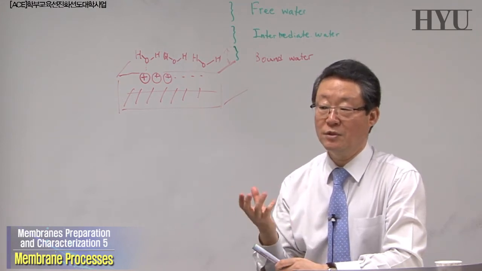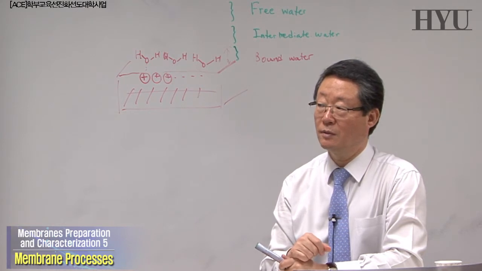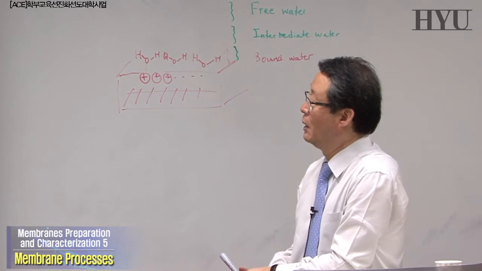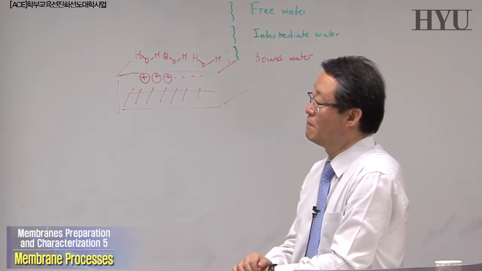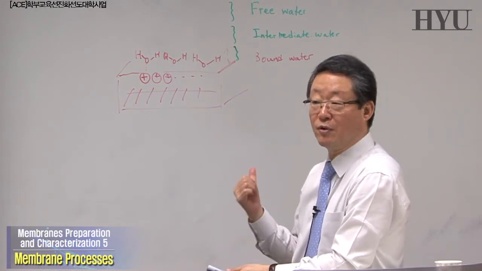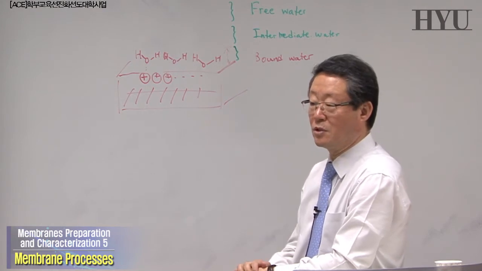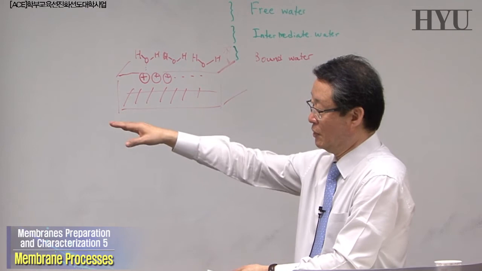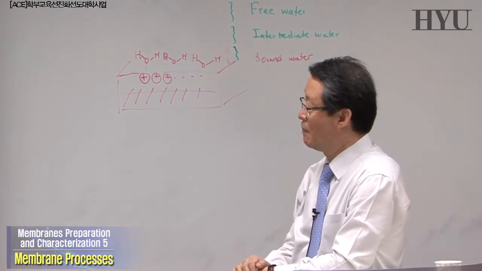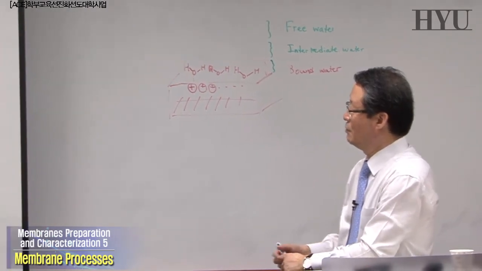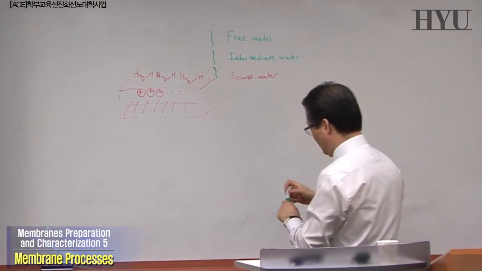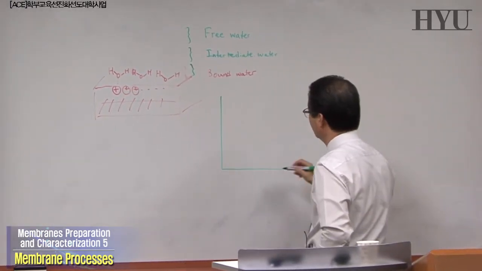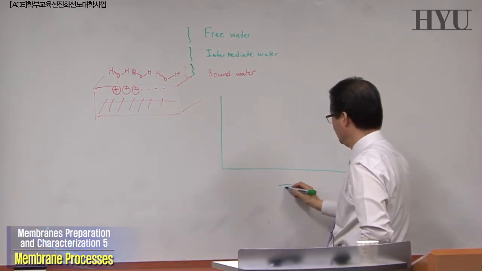How we can determine this free water and bound water is quite an important issue. The measurement of free water and bound water was done in the 1970s by using DSC, differential scanning calorimetry. Differential scanning calorimetry measures the heat capacity versus the temperature.